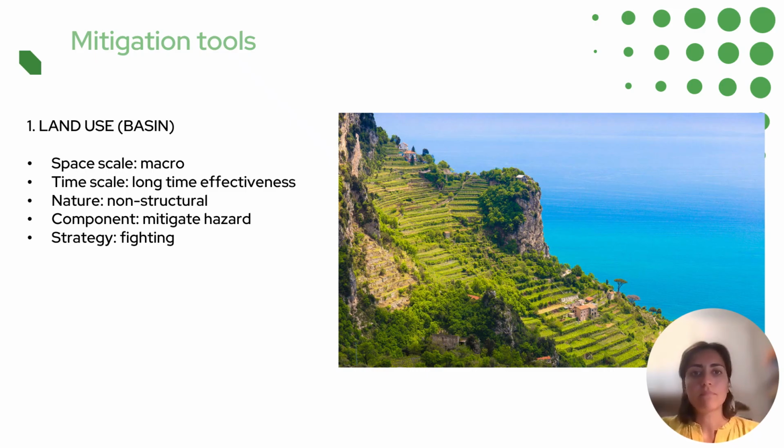For example, terracing on steep slopes, as you can see in the pictures, reduces erosion and stabilizes the soil, preventing shallow landslides and debris flows. This strategy belongs to the so-called fighting approach, as it directly acts against the hazard formation.